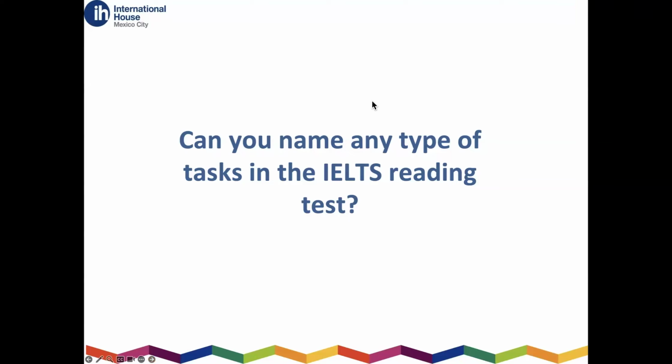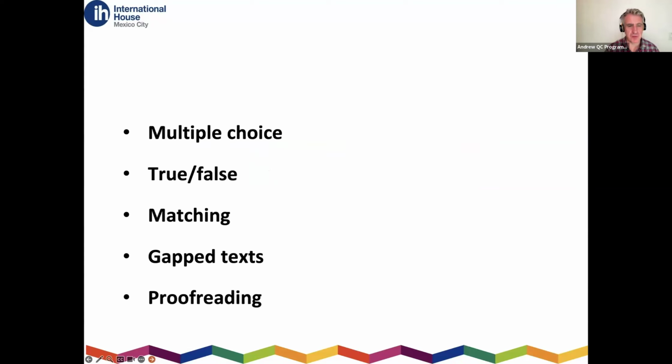Note and summary, summarizing. There's like 10, if I'm not mistaken, 10 or 11. Great, yeah. And Arnold says flowchart completion for academic reading. Yeah, at a minimum, you probably want to mention these: multiple choice, true or false, matching, gapped text, and proofreading.